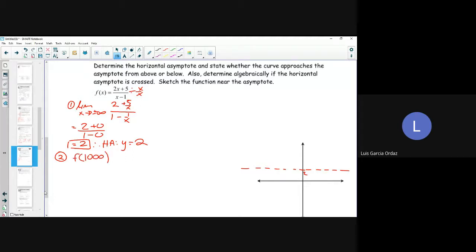So f at 1,000. If I evaluate f at 1,000, I get 2.0007. Now, based off what we learned from above, I need to determine if that's greater than or less than 2.